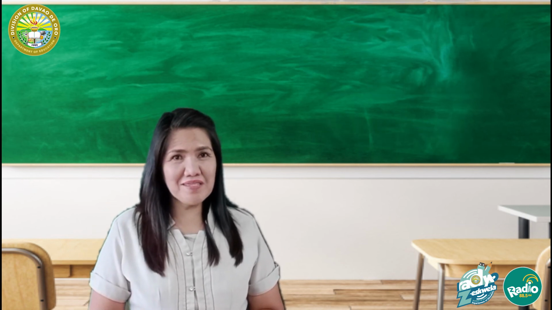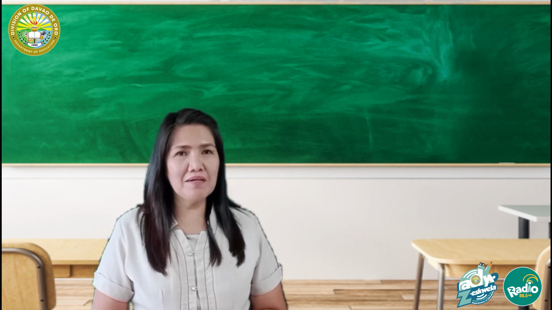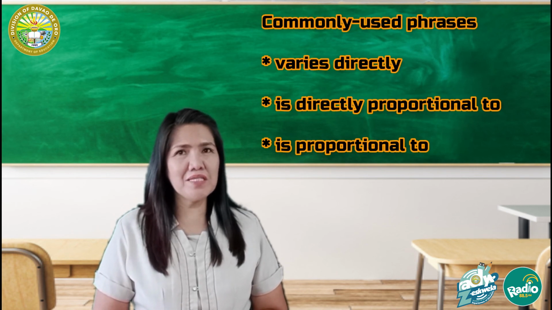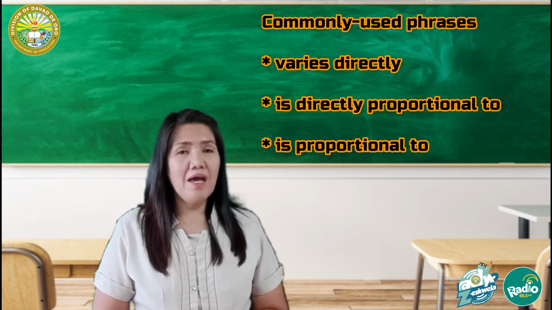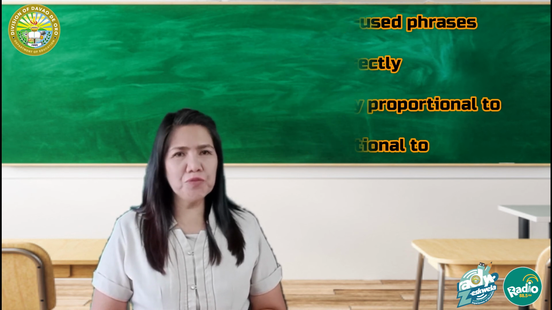There are phrases that you need to remember for you to know if the statement implies direct variation. These commonly used phrases are varies directly, is directly proportional to, and is proportional to.